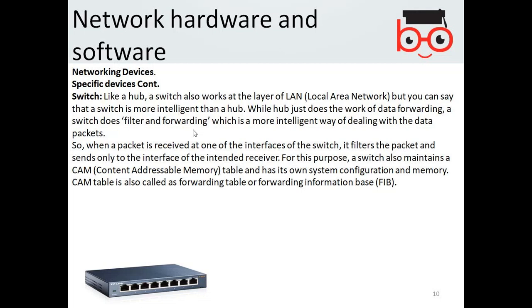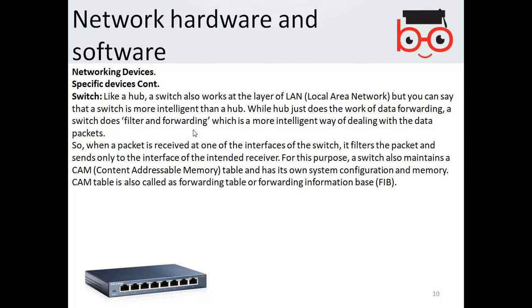So when a packet is received at one of the interfaces of the switch, it filters the packet and sends it only to the interface of the intended receiver. For this purpose, a switch also maintains a CAM, content addressable memory, table and has its own system configuration and memory.